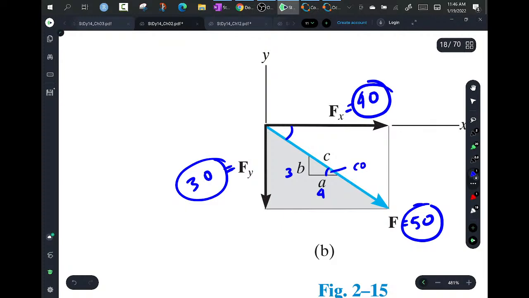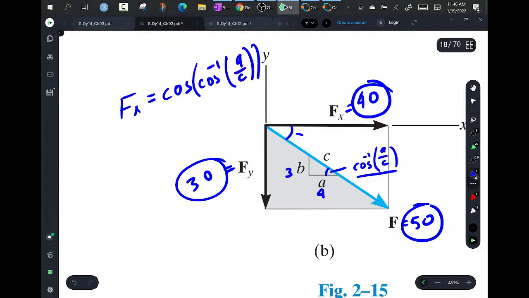That is the inverse cosine of A over C. Then Fx is going to be equal to the cosine of that angle, the inverse cosine of A over C, times this distance, or say 50.